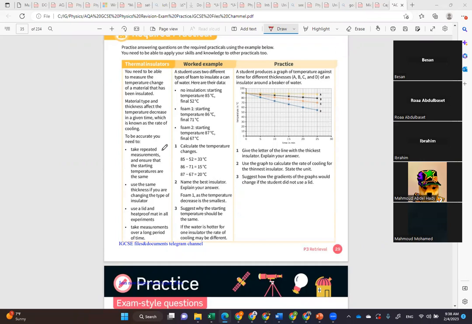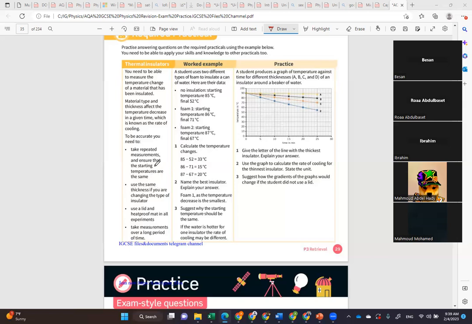You need to be able to measure the temperature change of a material that has been insulated. Material type and thickness affect the temperature decrease in a given time, which is known as the rate of cooling. To be accurate, you need to take repeated measurements and ensure that the starting temperatures are the same.